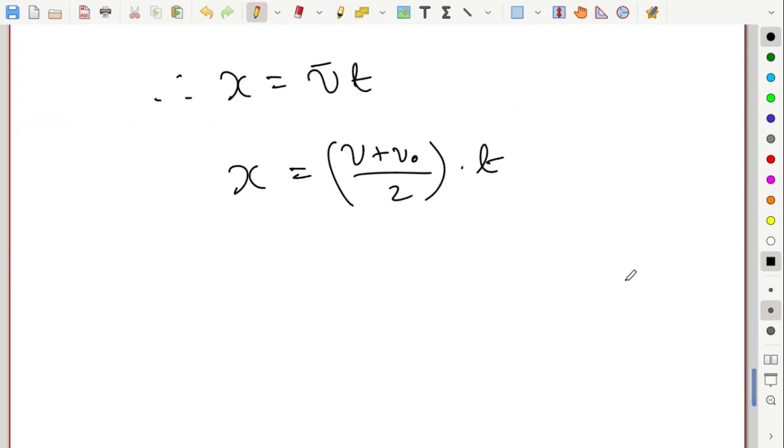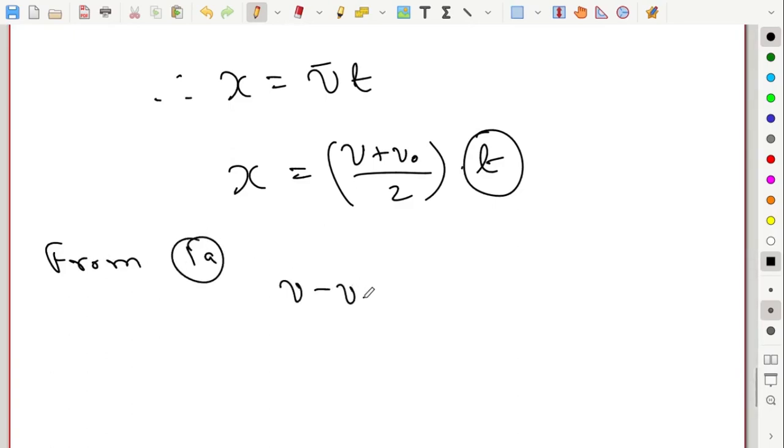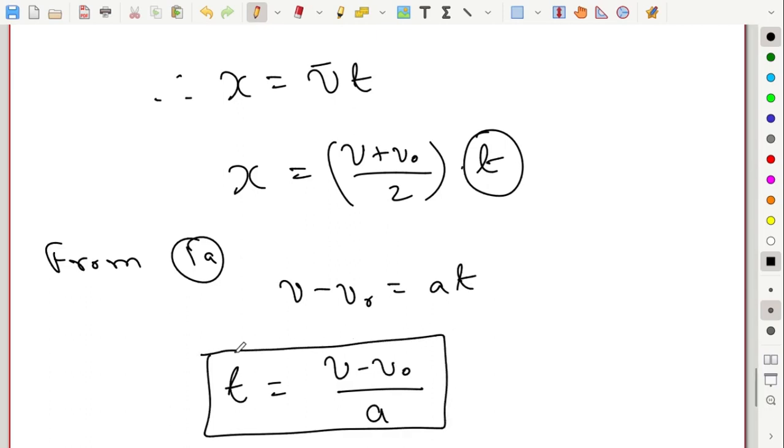So in order to put the value of t, we are going to use from equation 1a, which is v minus v naught equal to at. From this we can solve for t. Okay. So t equal to v minus v naught by a. Okay. So we have a value for t. Okay. We can substitute this value here.